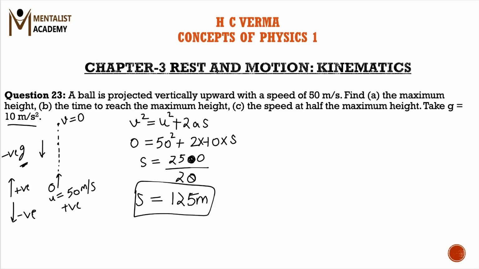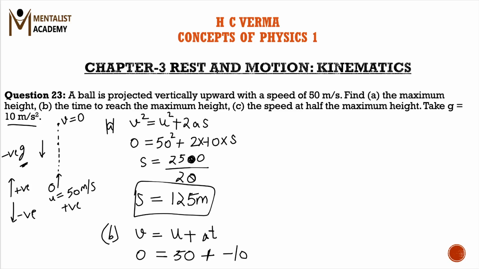This was part A. In the part B, they are asking the time to reach the maximum height. Now for the time, let us use the first equation, that is v is equal to u plus at. Let us use this equation. We have the value of v as 0, the value of u is equal to 50 and the value of a is equal to minus 10, and t.